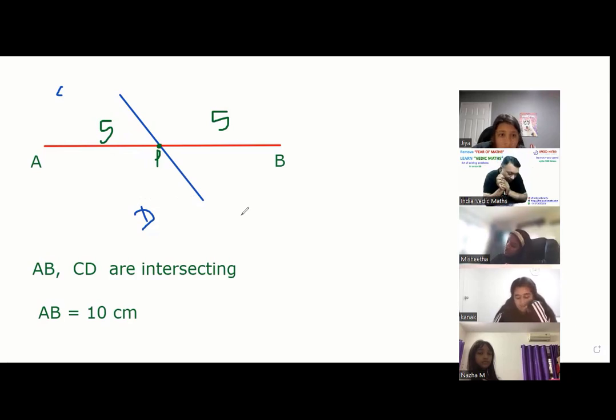So it becomes a bisection. Bisection means equal parts. Intersection can be unequal.